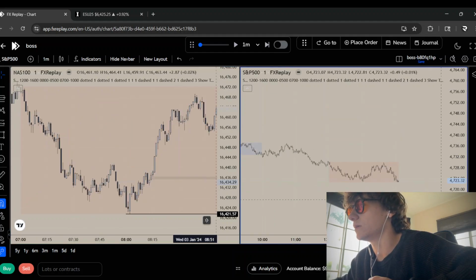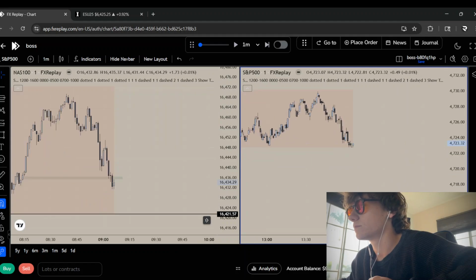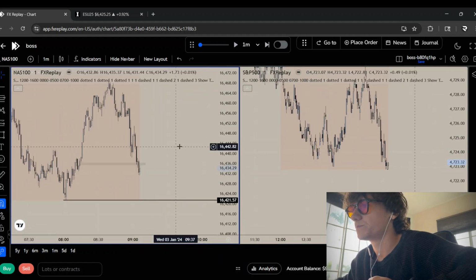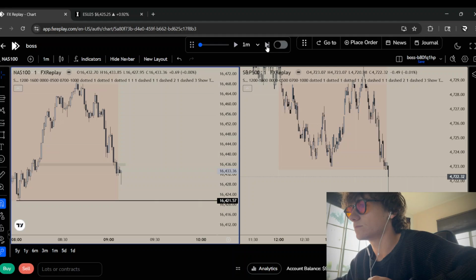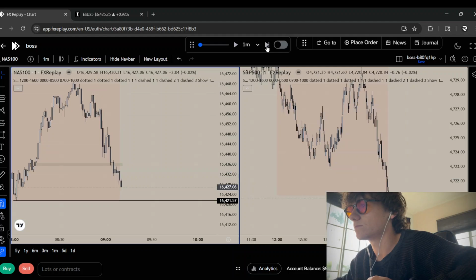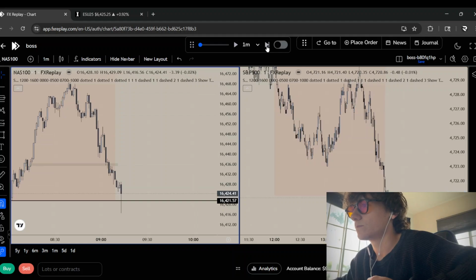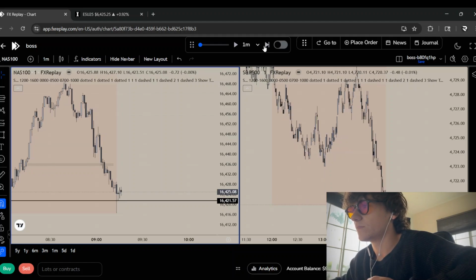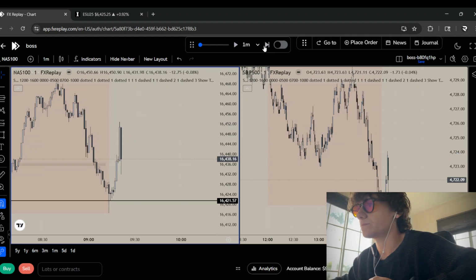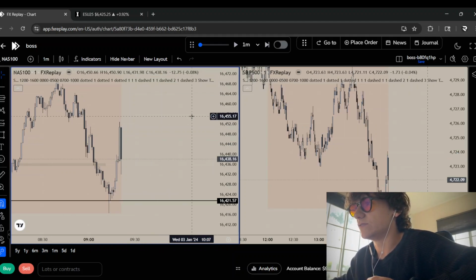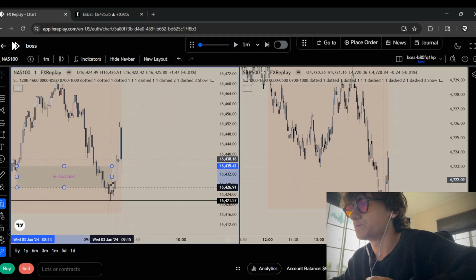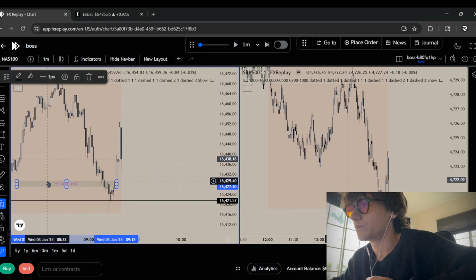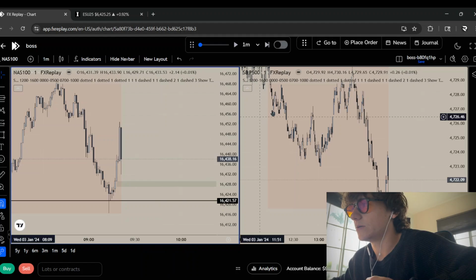I'm not even looking at ES. Made an SMT off of that low potentially. Still just pushing down. Market hasn't opened. So we took out that low. Change state of delivery to the upside. Give the final gap right here.